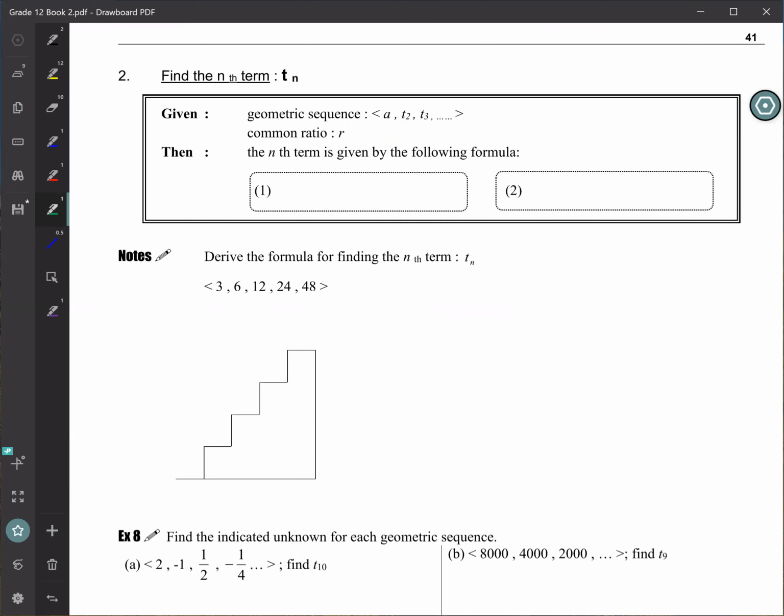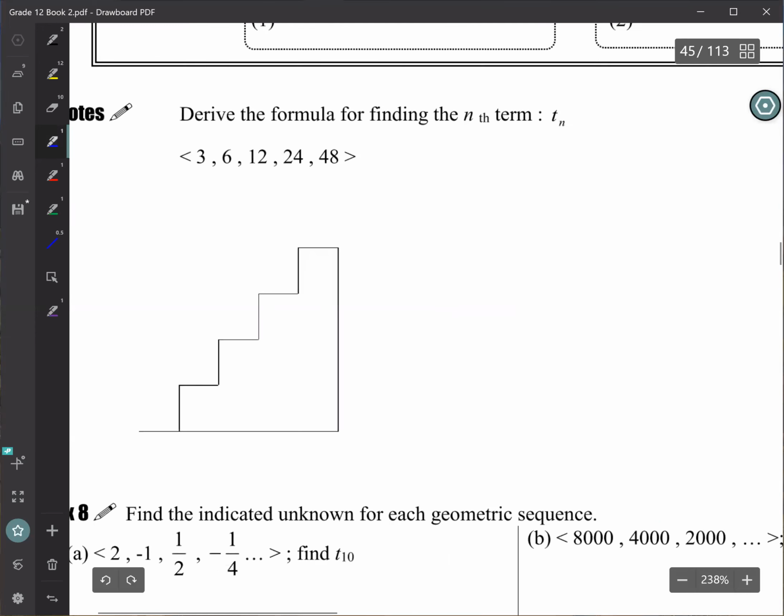There are 2 formulas. Sometimes at school, they only teach you one of them, but I do see some teachers teach you both. The second one is more useful. It includes number 1 inside, so you'll see why later. Let's start with an example to help you understand where the formula comes from.